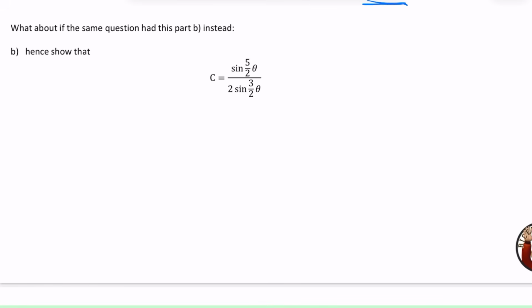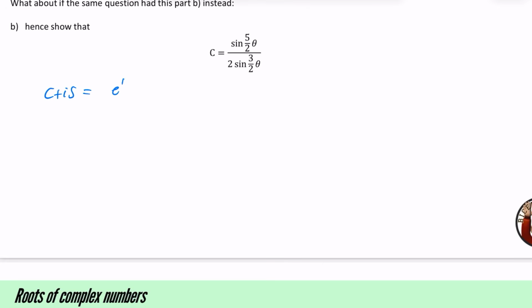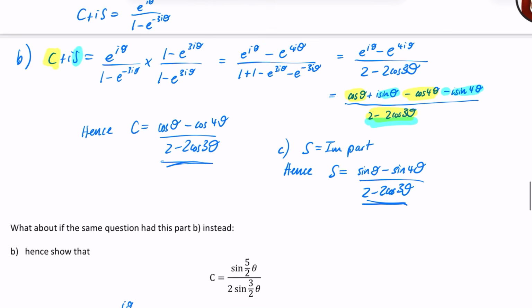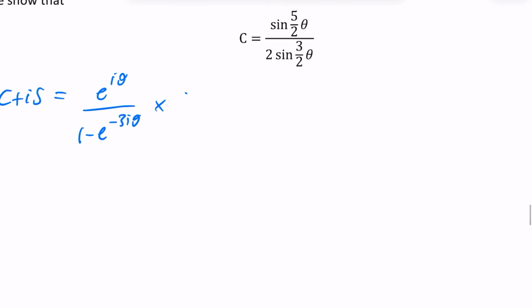So let's go back and do the realizing. We have that C + iS is e^(iθ) over (1 − e^(−3iθ)). We're going to do the power negated and halved. So that is going to be e to the minus 3, not negated and halved, I actually need to negate it.